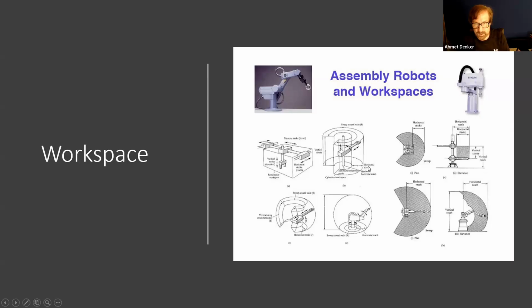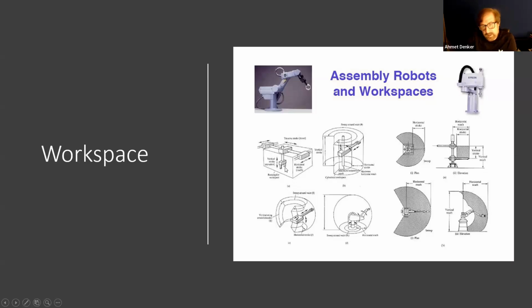In 3 dimensions, from the top, the robot actually covers, if you look at it from the top, a part of a circle, but its height also may change. So defining a 3-dimensional workspace is as seen here. Whereas here it's a rectangular workspace.